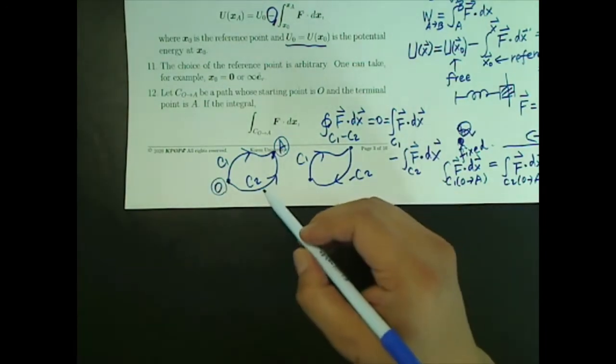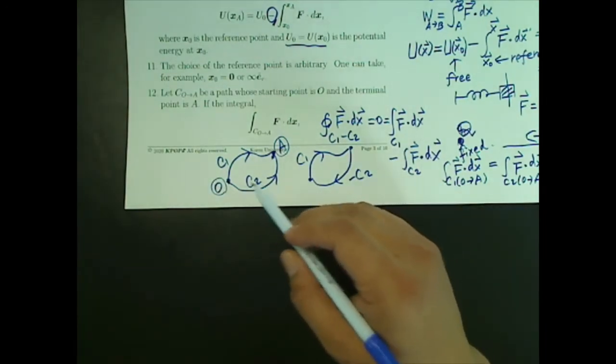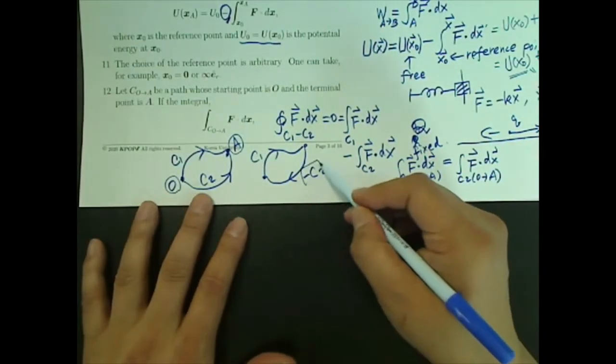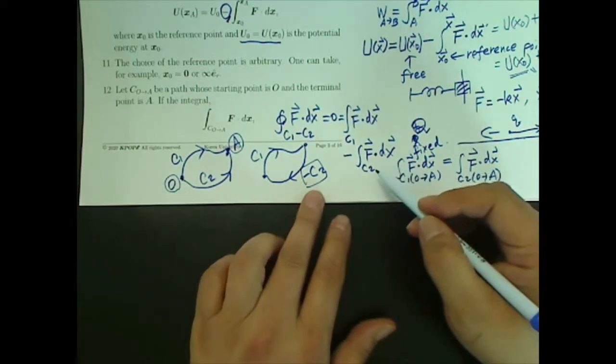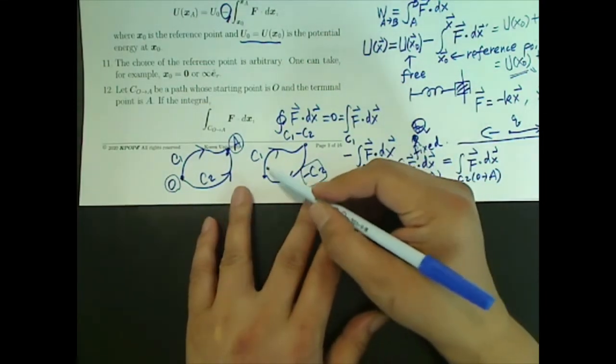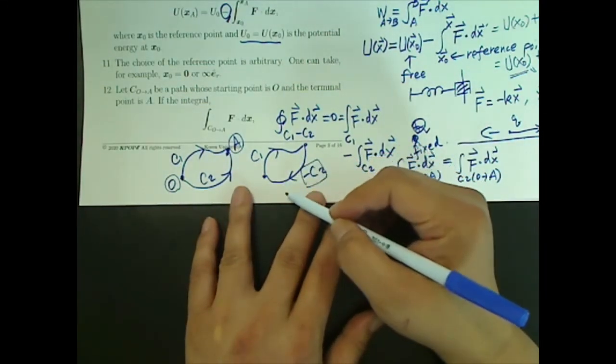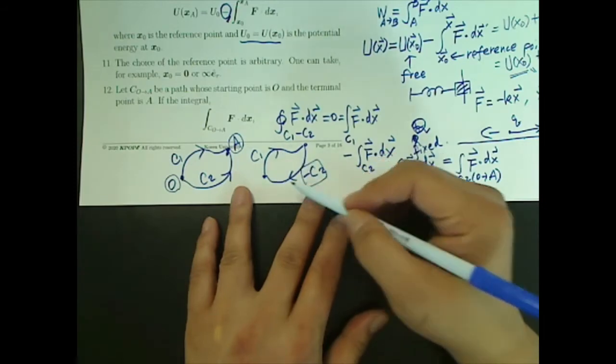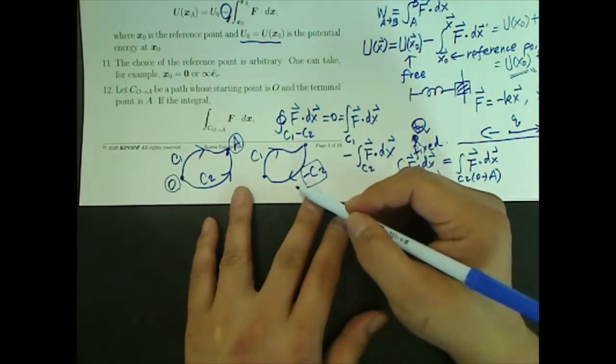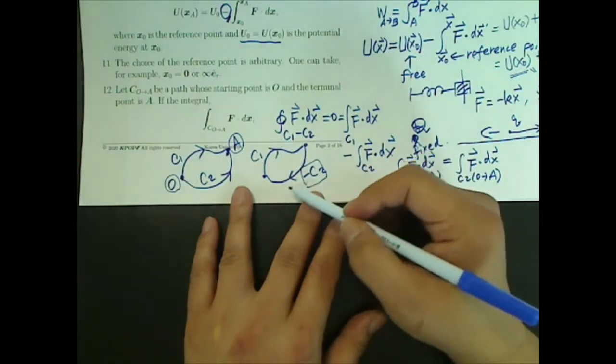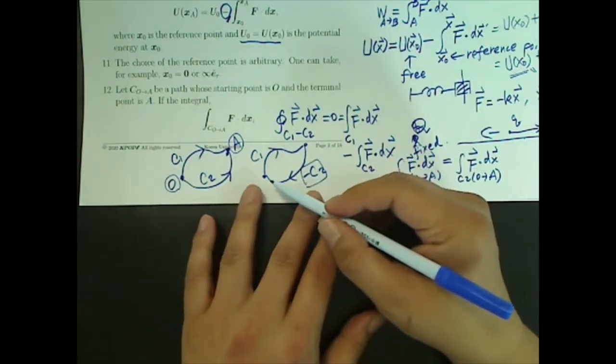But you will find that for C2, if we flip this direction, then let me call this one minus C2. If I combine these two paths, then it becomes a closed path. So C1 minus C2 should be a closed path.